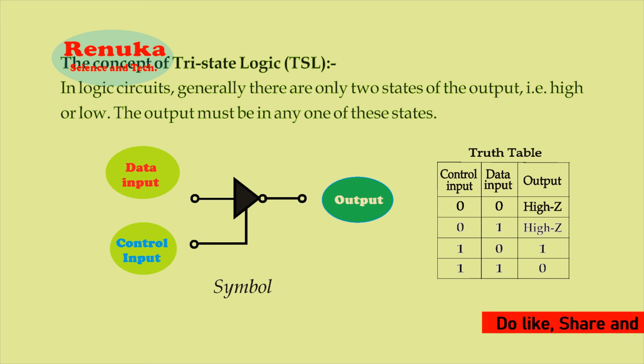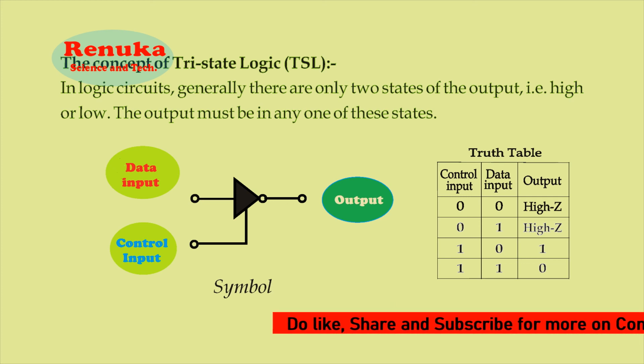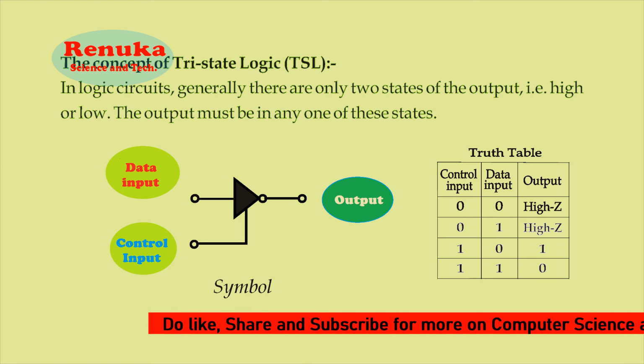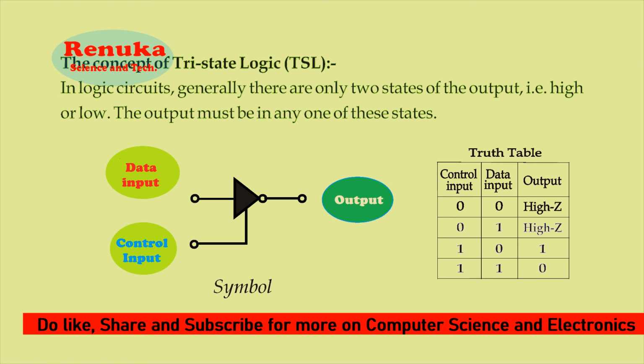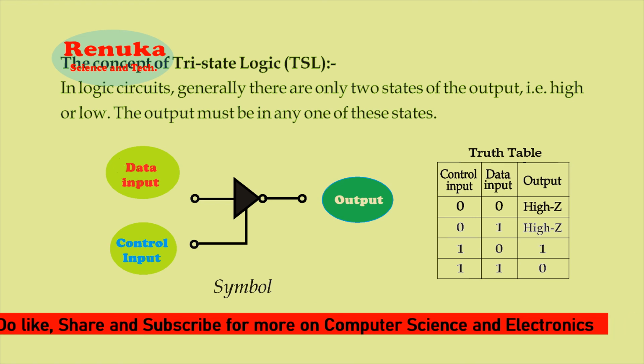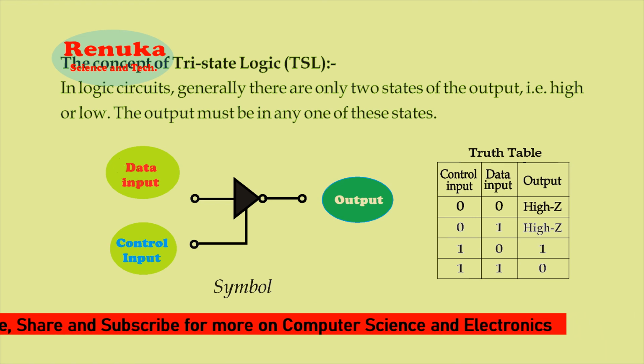In exam preparation, this tri-state logic will be asked in two forms. One form will be: explain the concept of tri-state logic. There you only have to explain the concept, including the need of tri-state logic, that is, the two reasons or drawbacks to be explained.